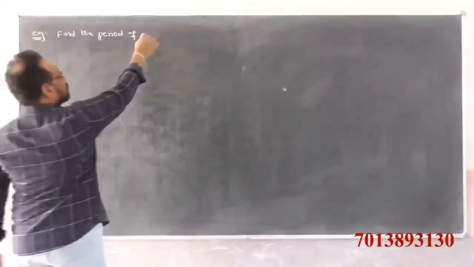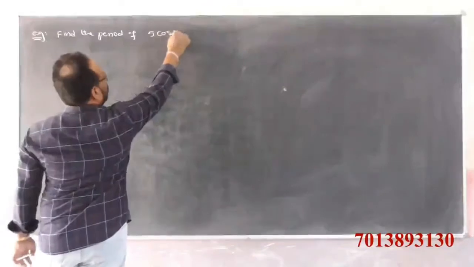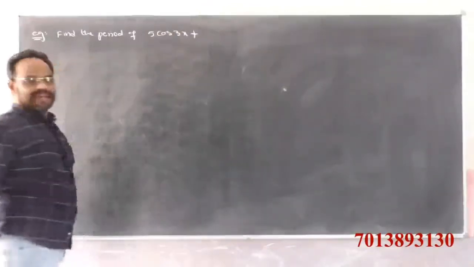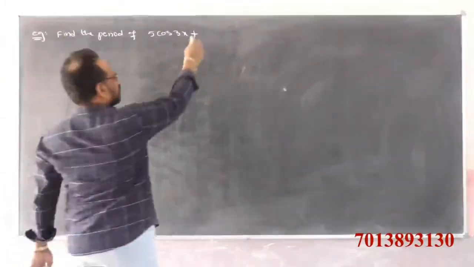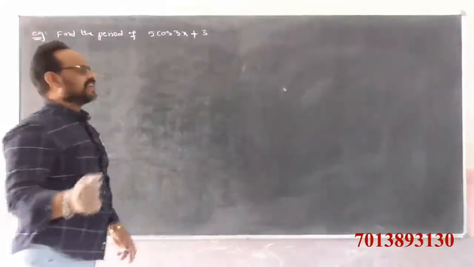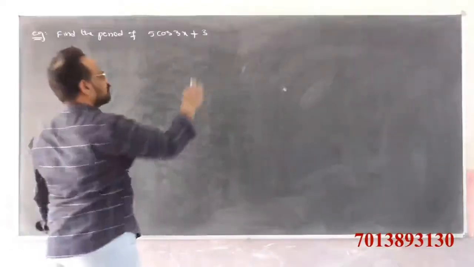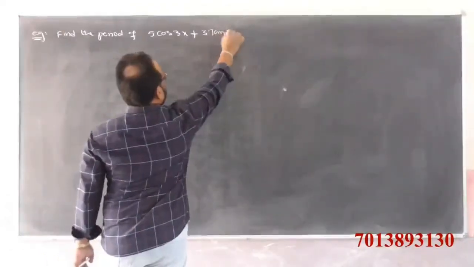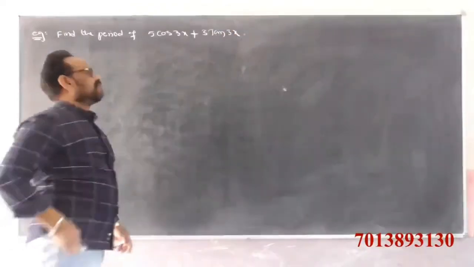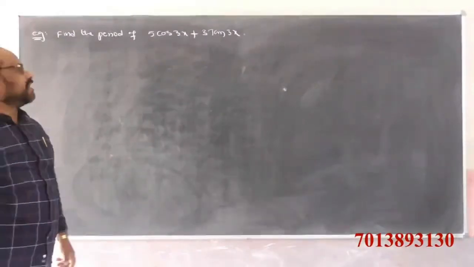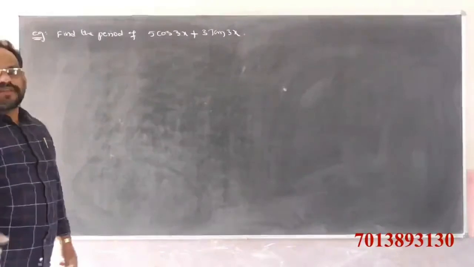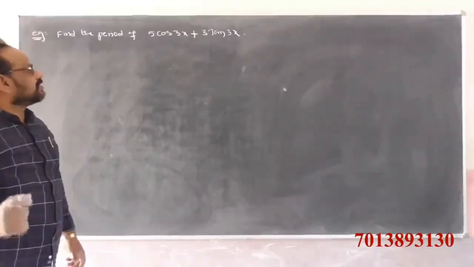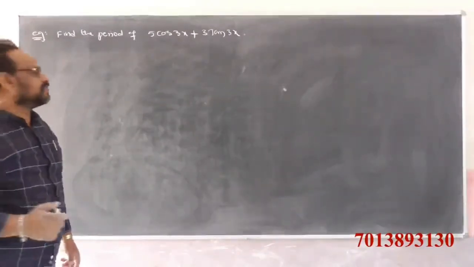Find the period of 5 cos 3x plus 3 tan 3x.